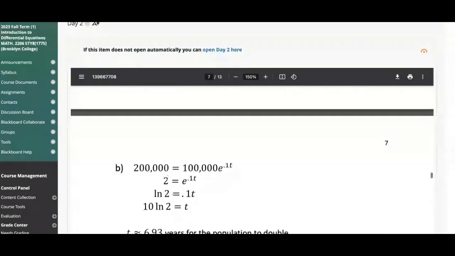For part B, for it to double: double means, because the initial population is 100,000, double means 200,000. We know K now, K equals 0.1. We want to solve for T, how many years it takes to double.